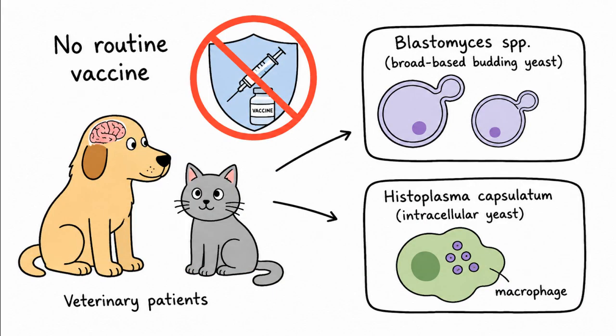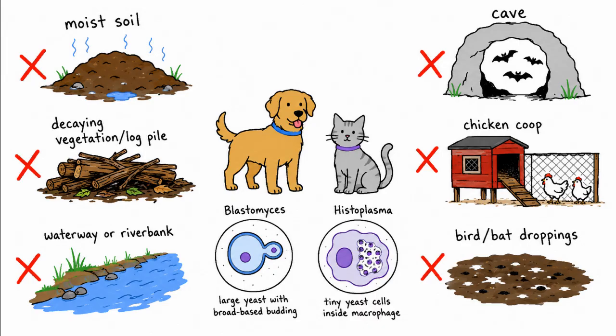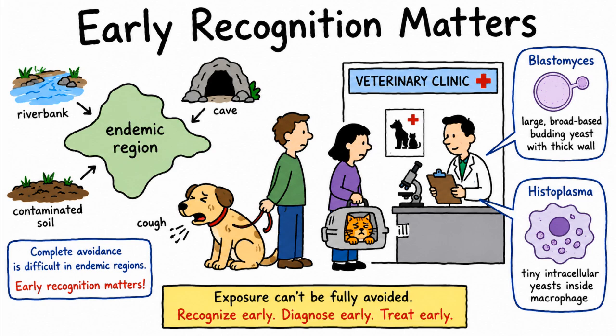There is no routine vaccine for either infection. Risk may be reduced by limiting exposure to moist disturbed soil, decaying vegetation, waterways, caves, chicken coops, and soil contaminated by bird or bat droppings. Complete avoidance is difficult in endemic regions, so early recognition matters.